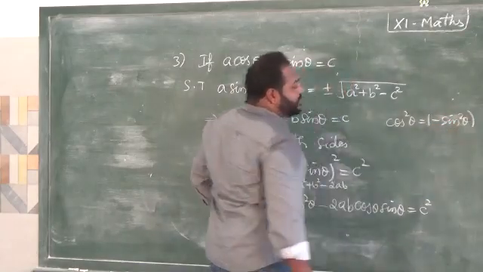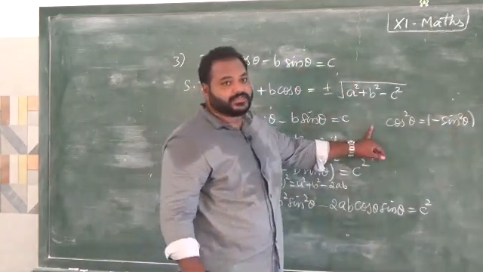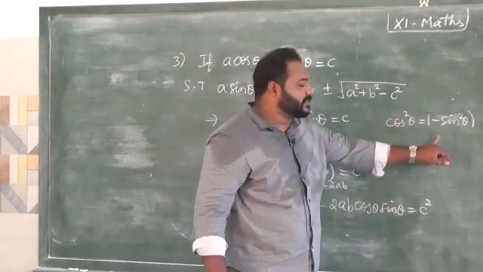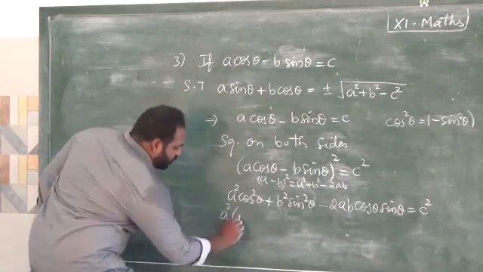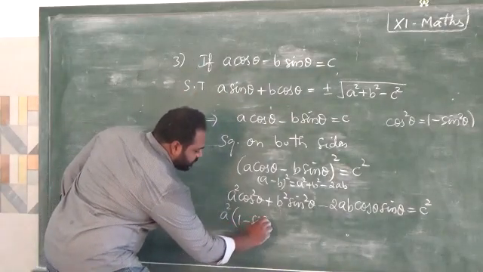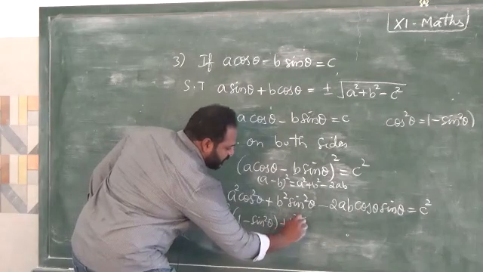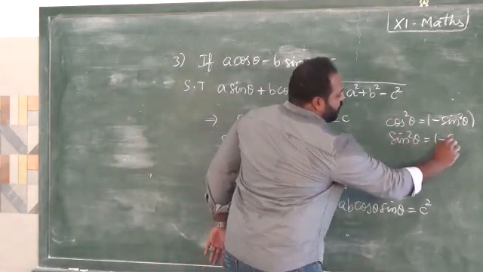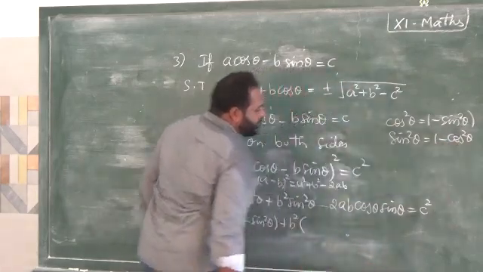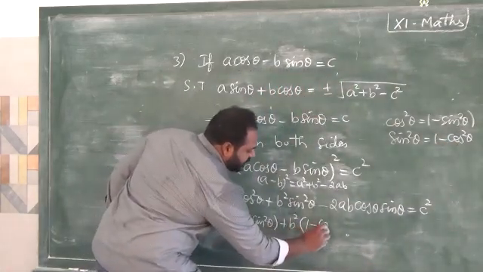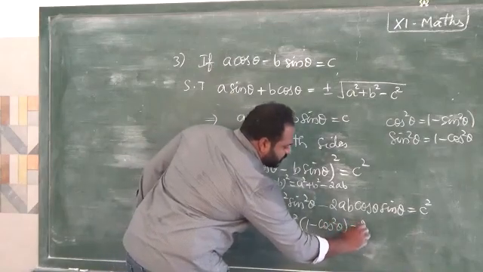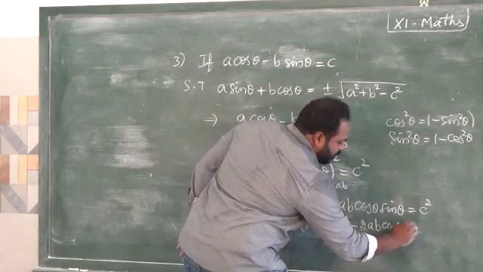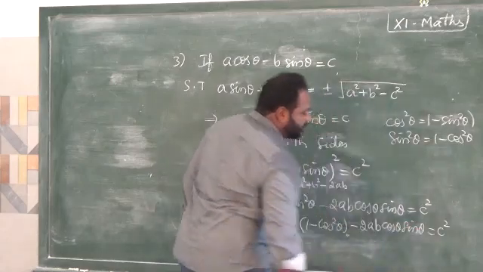This we derived from the formula cos square theta plus sin square theta equals 1. So I can write 1 minus sin square theta instead of cos square, and B square into sin square theta can be written as 1 minus cos square theta. So 1 minus cos square theta, minus 2AB cos theta sin theta equals C square.